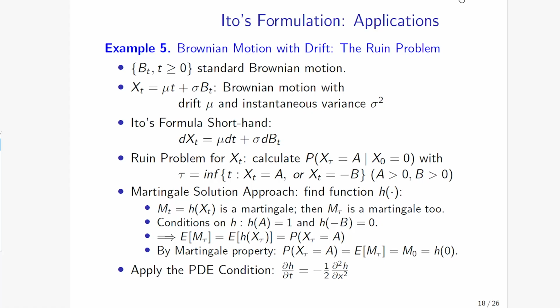So here's its stochastic differential equation for Xt. And we're interested in what's the probability of stopping at A before B, where the stopping time tau is the first time t that hits A or minus B.